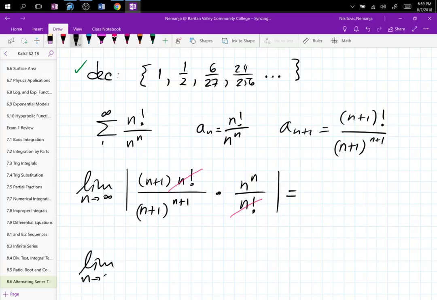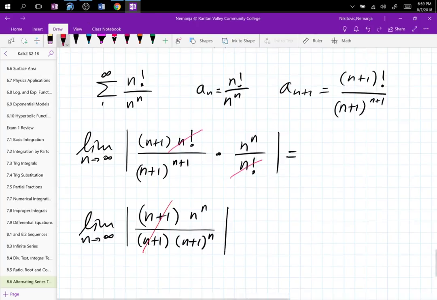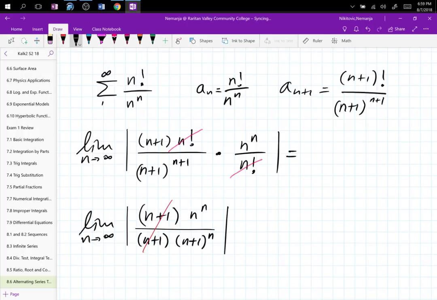So limit n goes to infinity, we have n to the n plus 1 times n to the n divided by n plus 1 times n plus 1 to the n. So now these guys die over here, and we have the limit absolute value of n over n plus 1 to the n, as n goes to infinity.